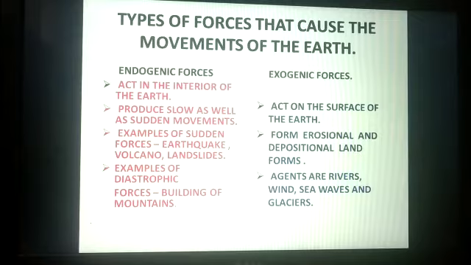Endo means inside and genic means origin. So the name suggests that the forces which act in the interior of the earth are known as endogenic forces, and exo means outside and genic means origin. So the exogenic forces work on the surface of the earth.